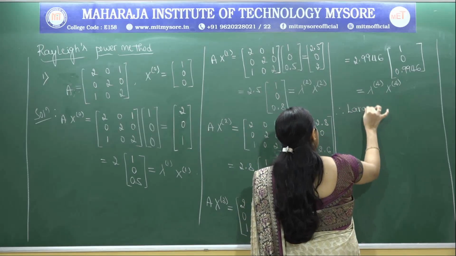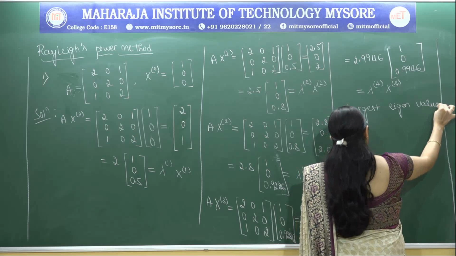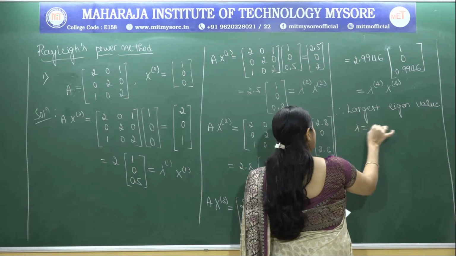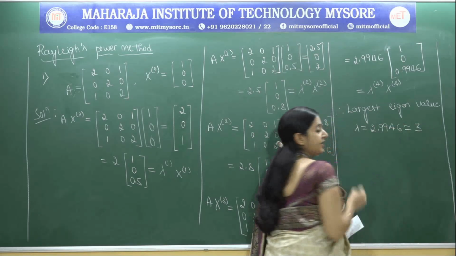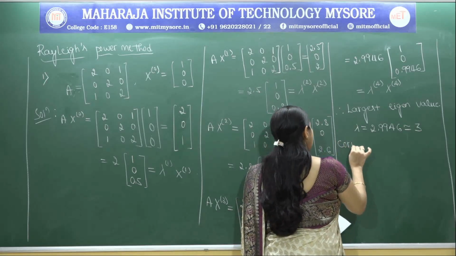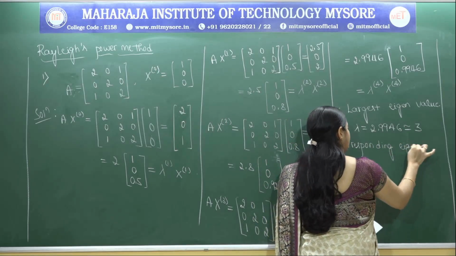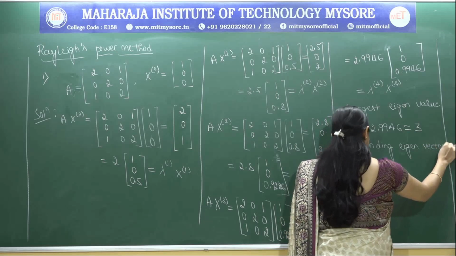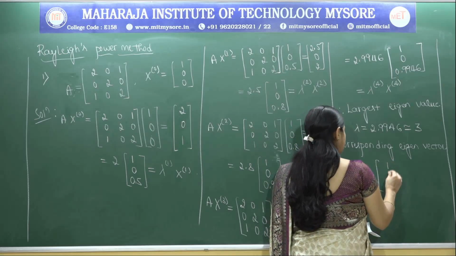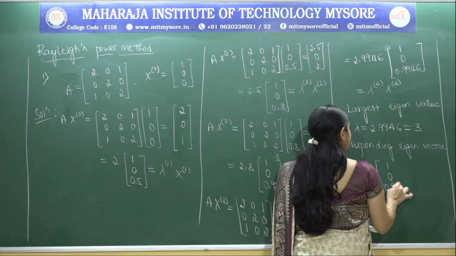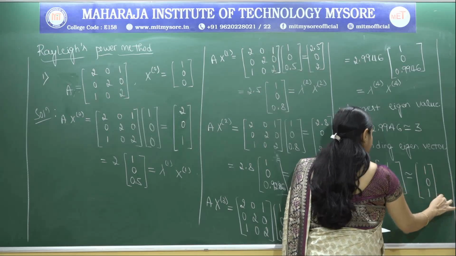Therefore, the largest eigenvalue lambda equals 2.9946, which is approximately 3, and the corresponding eigenvector x equals, you have to write in a column matrix, that is 1, 0, 0.99, approximately 1, 0, 1.